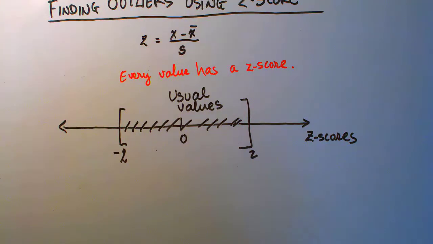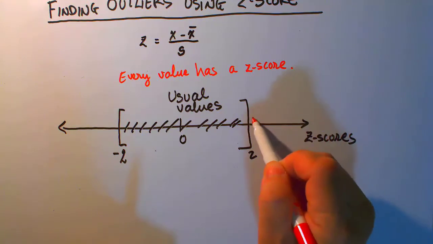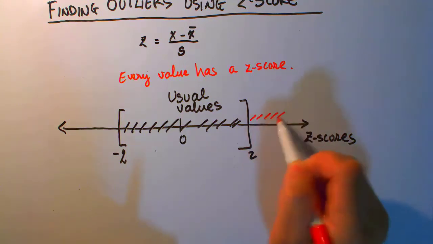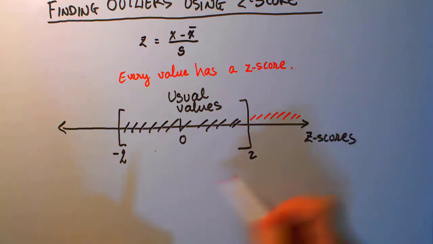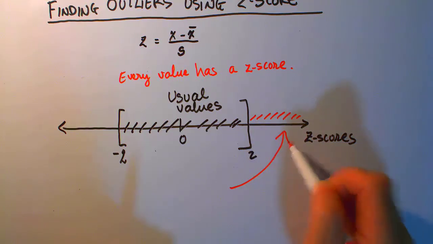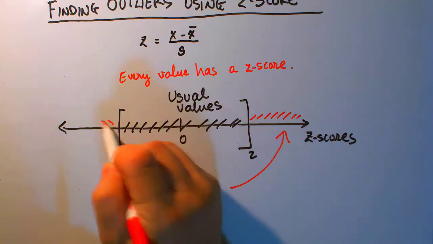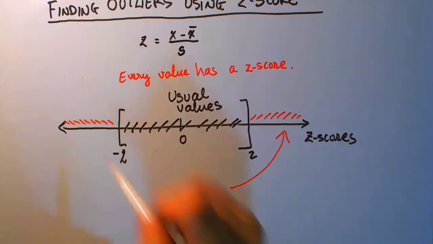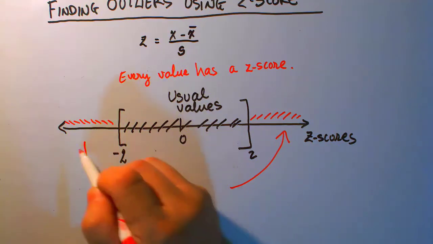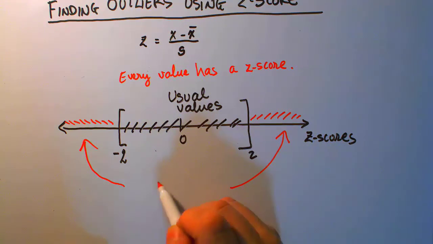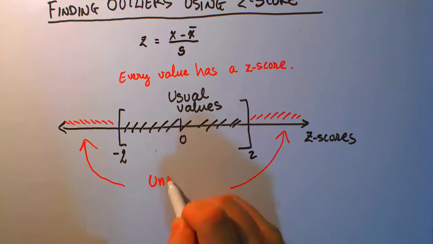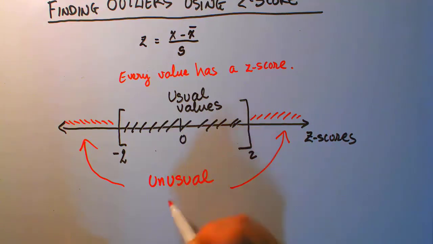But if any data values have a z-score falling outside of that, either above a z-score of 2 or below -2, those two red zones are considered the unusual values.